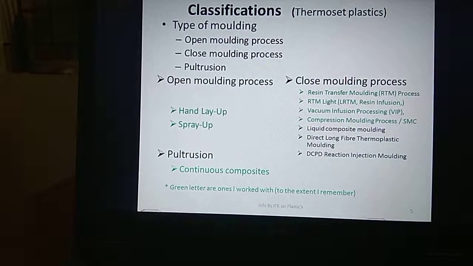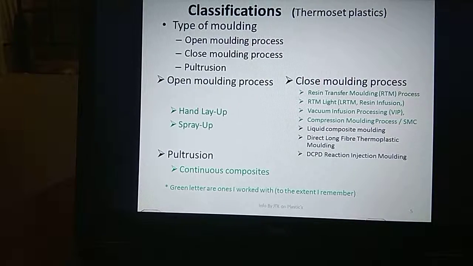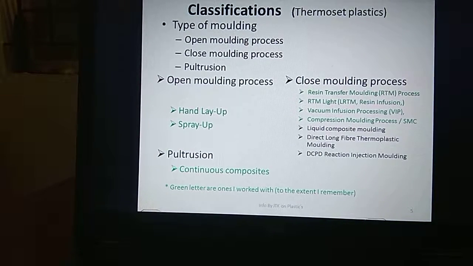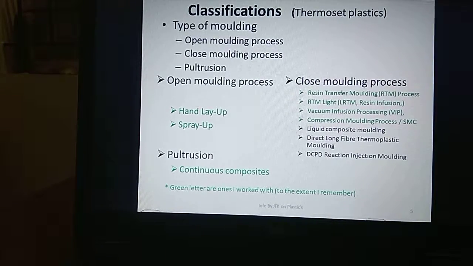Within the open mold process, there are further divisions into hand layup and spray layup. The closed mold process is further classified as resin transfer molding, widely known as the RTM process, and light RTM, which is basically infusion based, unlike RTM, which is injection based.